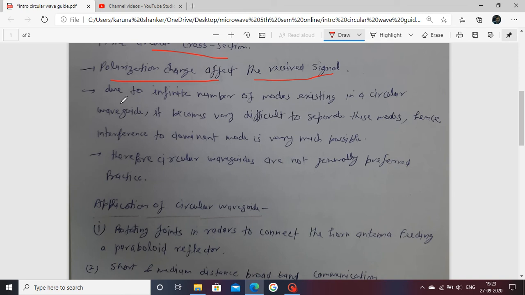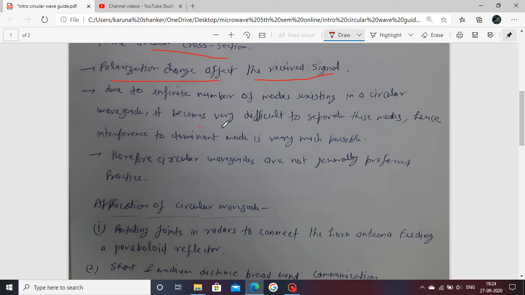Also, one of the disadvantages is that an infinite number of modes exist in a circular waveguide. We have already seen that the dominant mode is present among many different modes, and this infinite number of modes also affects the dominant mode.